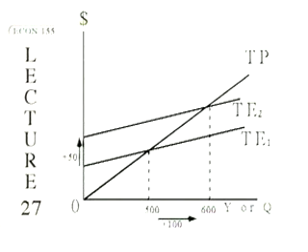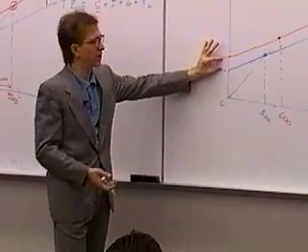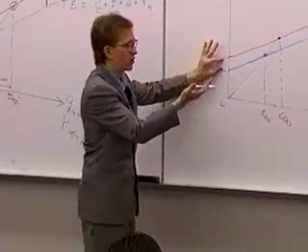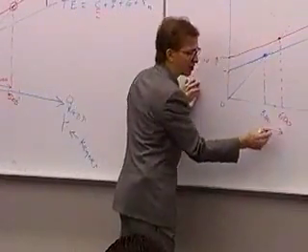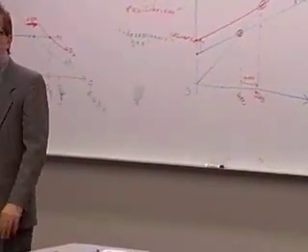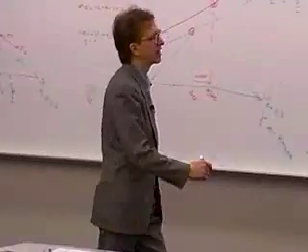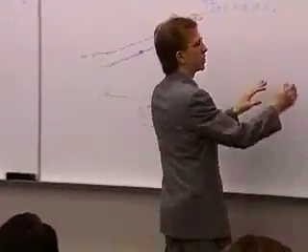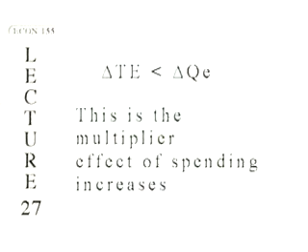But it doesn't work that way. If total expenditures shift up by $50, GDP in this particular case went up by $100. Shift in total expenditures is less than the change in equilibrium GDP. And that's what our diagram is showing.